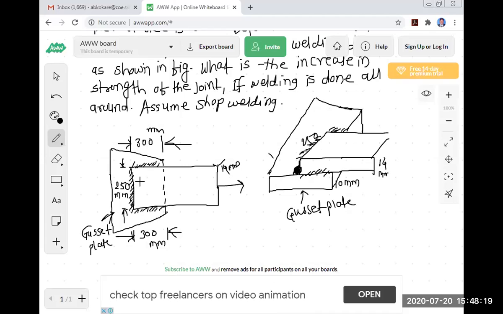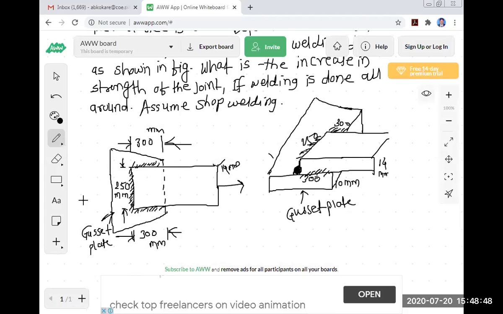This is the figure in plan, and I have drawn this 3D figure. This bottom gusset plate is there, and on it they have placed the girder, and the girder width is 250 mm. At 300 mm distance from this side and this side they have again welded.